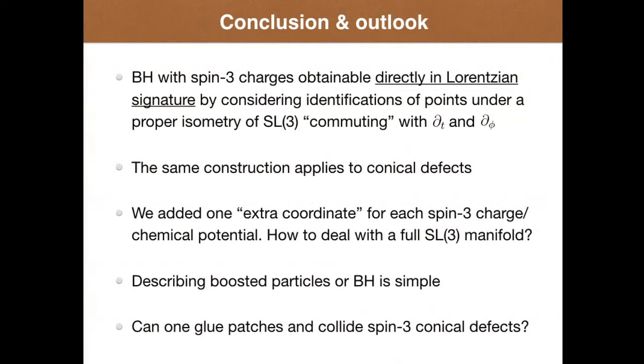Another advantage is that here I described always a massive particle at rest or a static black hole, but it's easy to boost it. For instance, in the case of a particle, if you want to describe a moving particle, here I did an identification of points where the stability group was just the geodesic of a particle at rest.